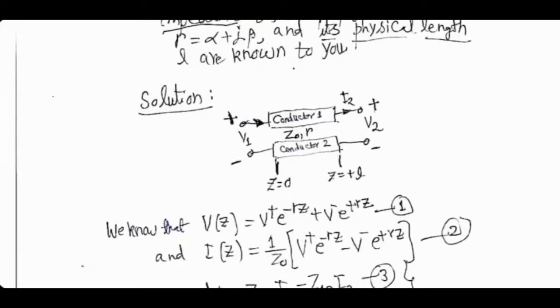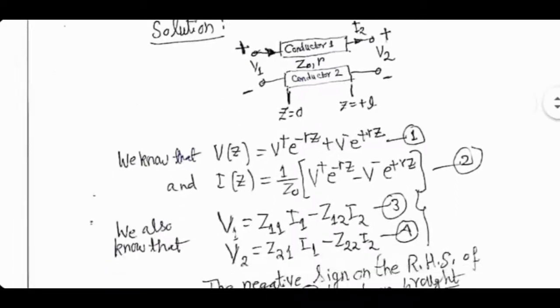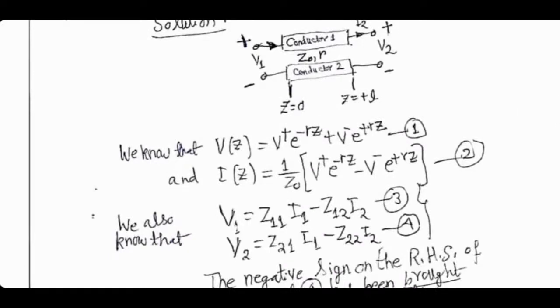We know that behavior of voltage and current along the length of the line is approximately governed by equations 1 and 2. And we also know that Z11, Z12, Z21, and Z22 are defined in terms of V1, V2, I1, and I2 by equations 3 and 4. Now be careful here.